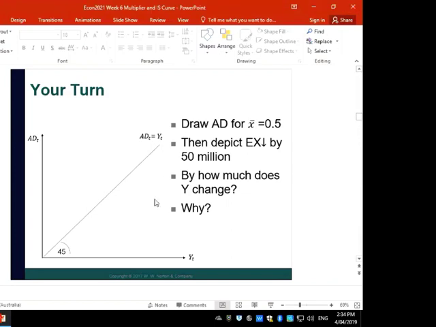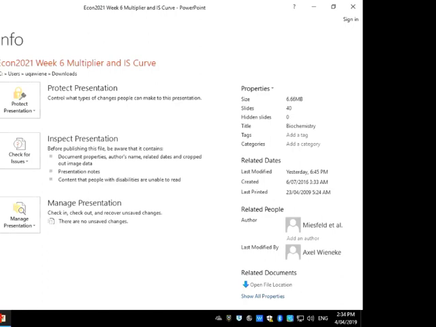So we're going well. Let me see if I can draw it in here.